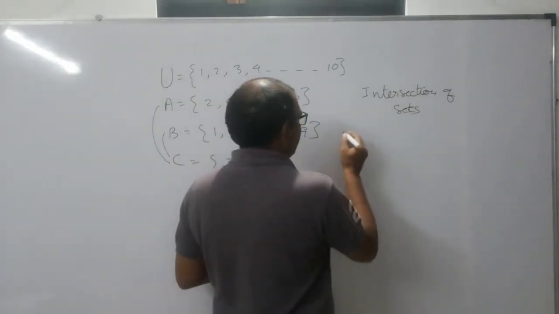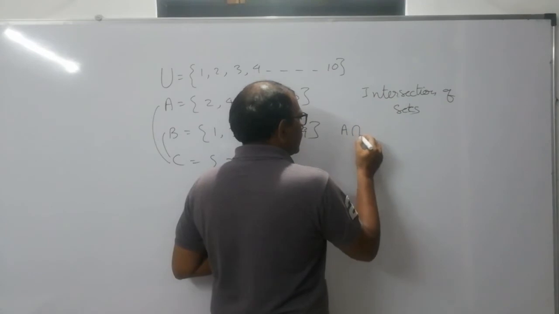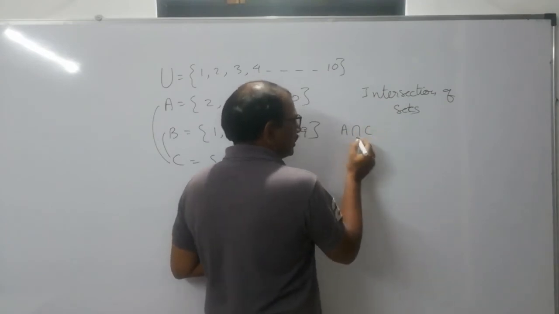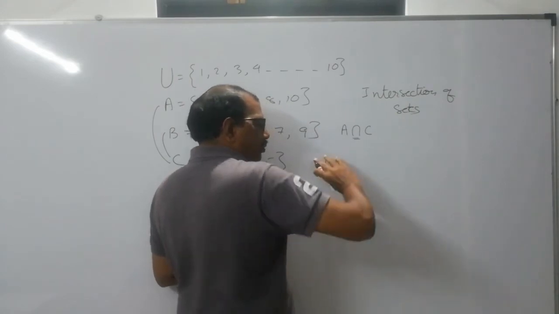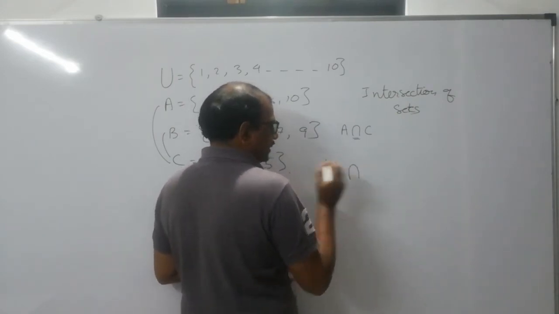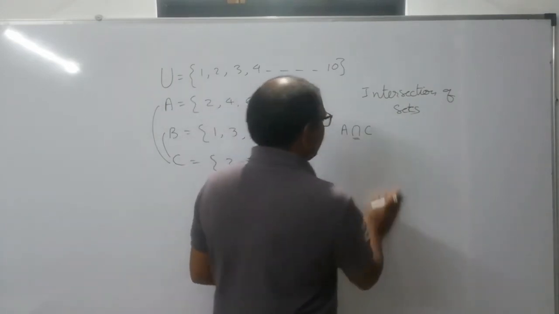Suppose if I want to find A intersection C. Now this sign is for intersection, U for union, और उसका उल्टा like this, it is for intersection, right?